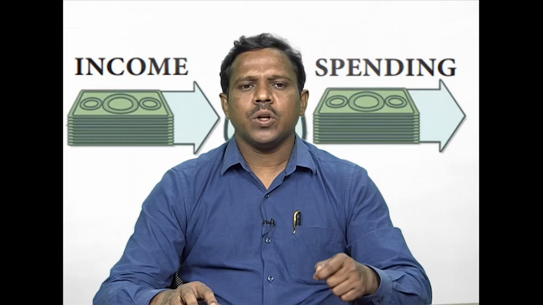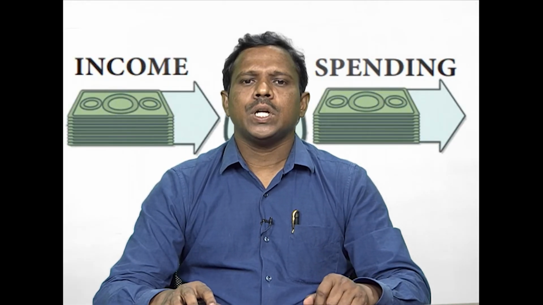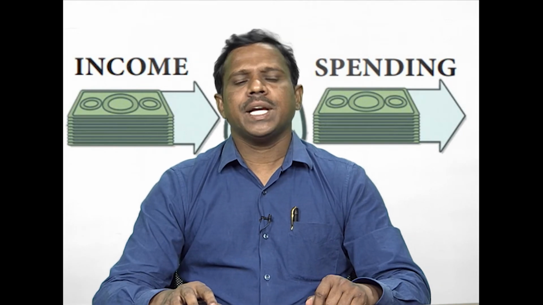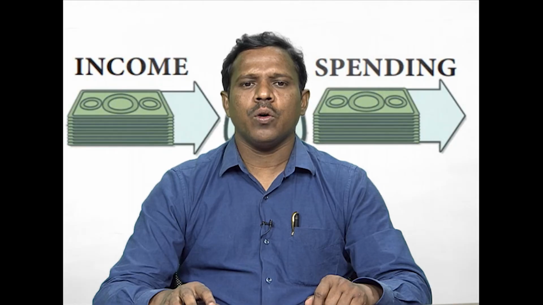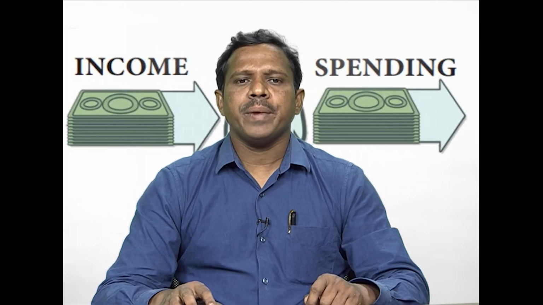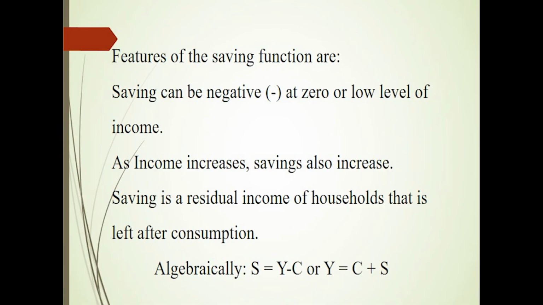When we observe this saving function, we can identify two main features. Here the saving can be negative, or saving can be 0, at a low level of income. What does it mean? When income is less than the consumption expenditure, then the savings are negative.